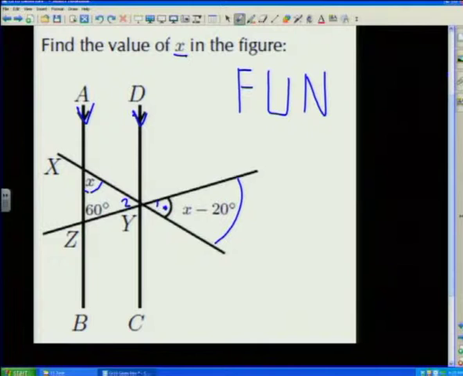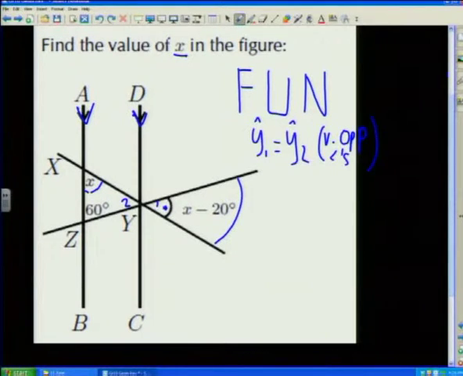We know that y1 is equal to y2. And remember, in geometry, if you make a statement, you need to give a reason. The reason those are equal is because they are vertically opposite angles, therefore they are equal.